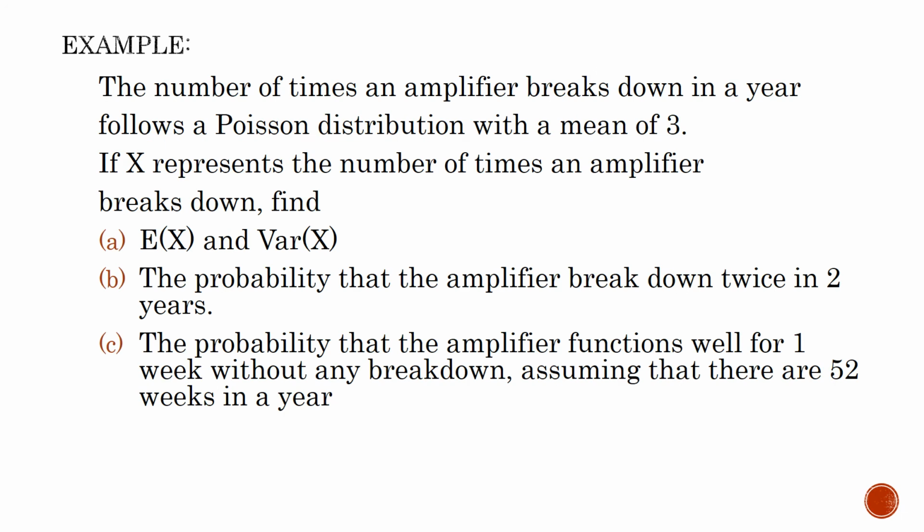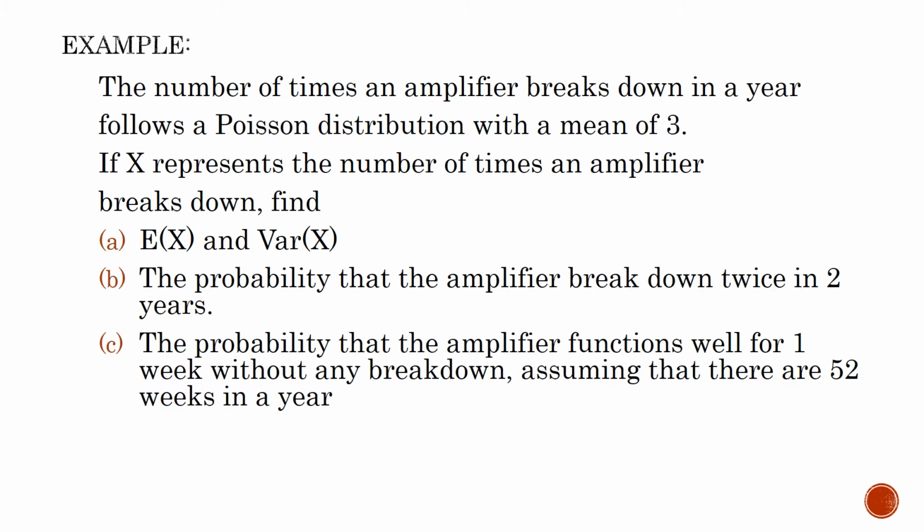An example on how to find the mean and variance of a Poisson distribution. Okay, here the number of times an amplifier breaks down in a year follows a Poisson distribution with a mean of 3. So here your lambda is 3 and your time interval is 1 year.